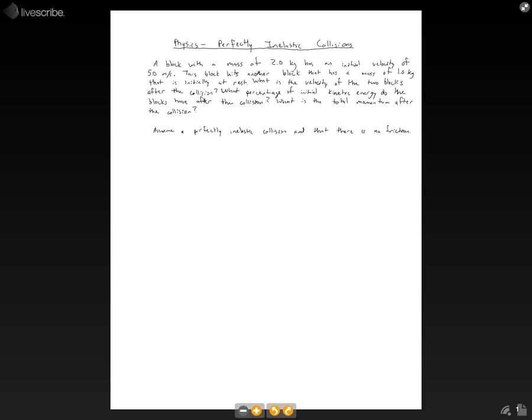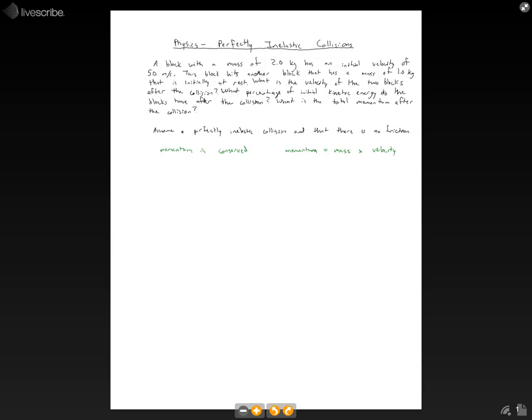So with these, we know that momentum is conserved, and that's for a perfectly inelastic collision that momentum is conserved. And another way to write momentum is that momentum is equal to mass multiplied by velocity.